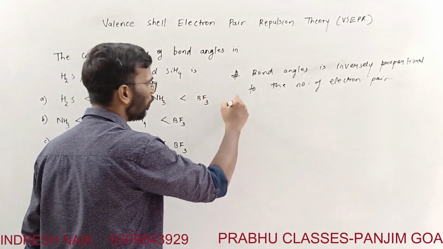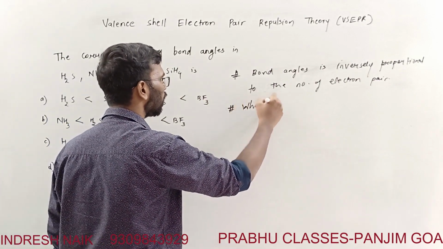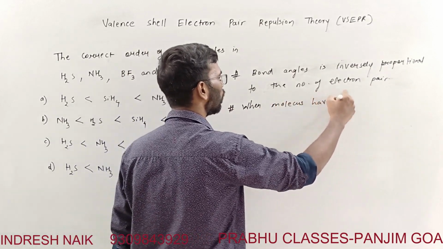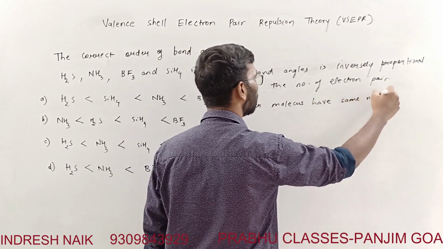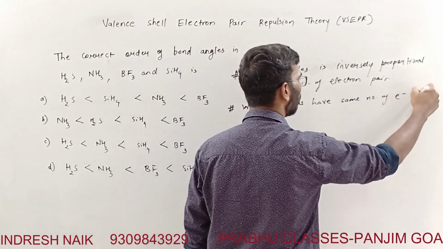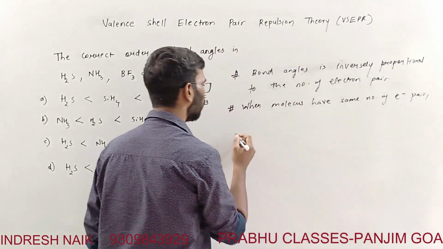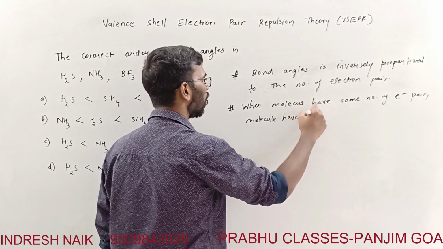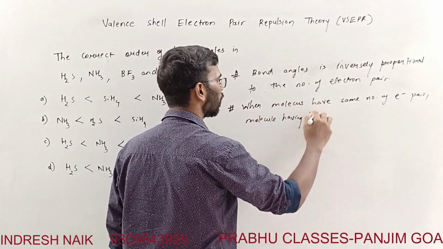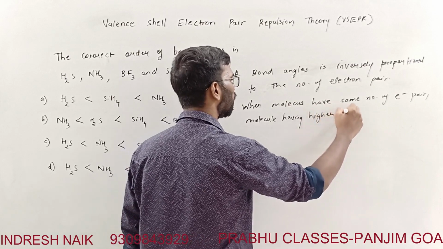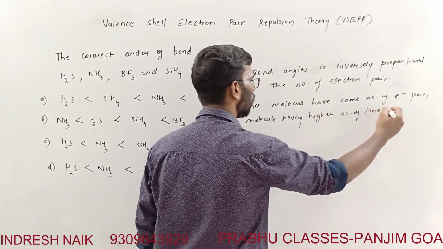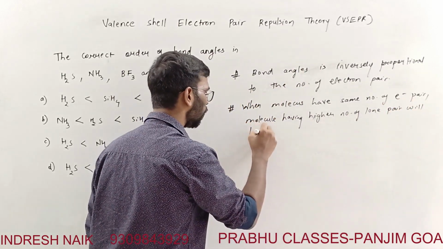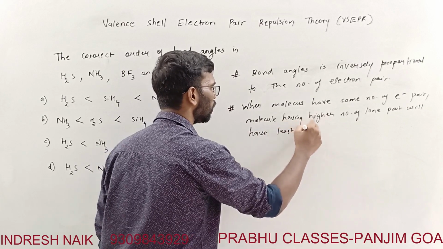This is one thing. But when molecules have the same number of electron pairs, the molecule having the higher number of lone pairs will have the least bond angle.